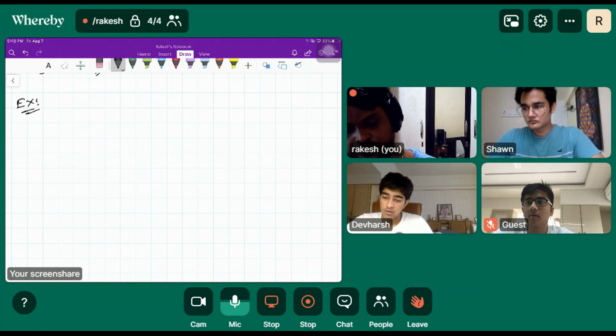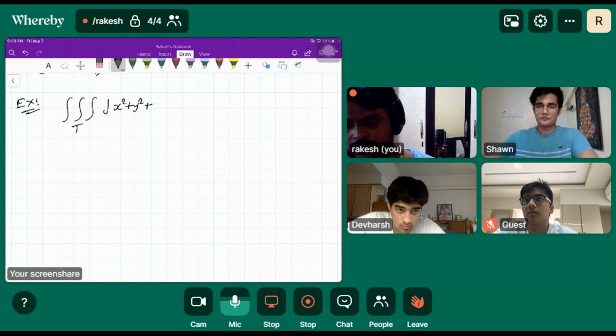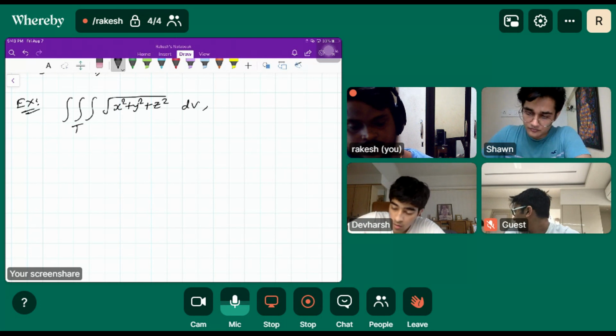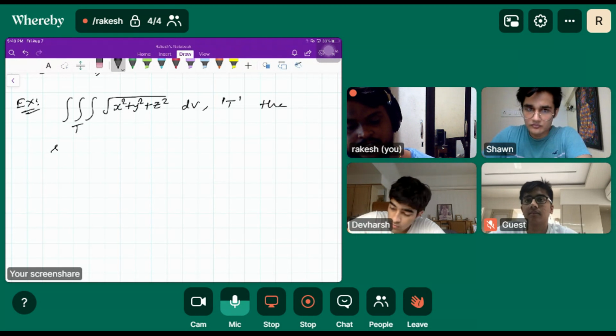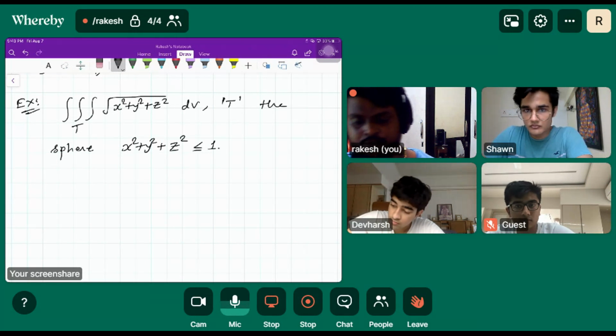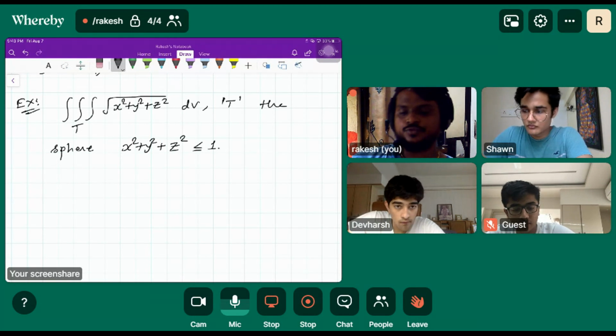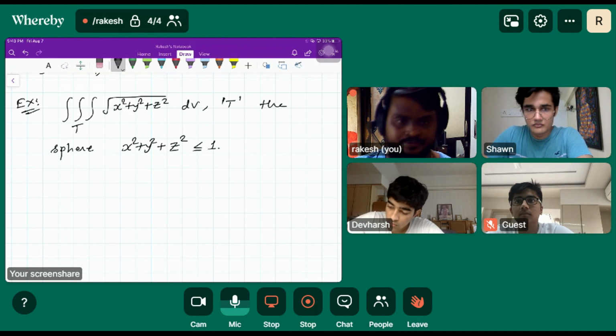Write down the next question, based on this. Time does not permit me, so I'll just give you the question. The integral of the square root of x square plus y square plus z square dV, over the region T, the sphere x square plus y square plus z square less than or equal to 1. I insist you solve this by the cylindrical coordinate system first.